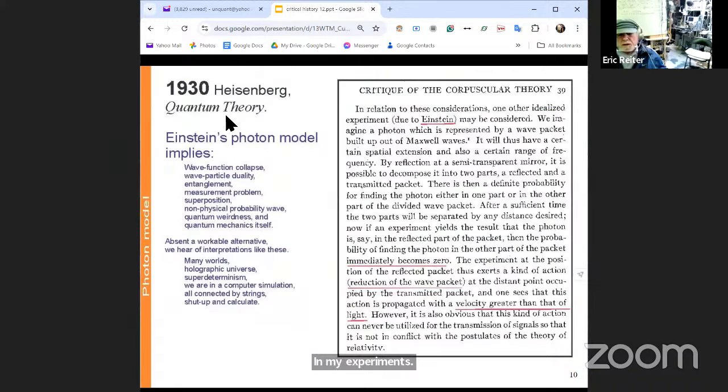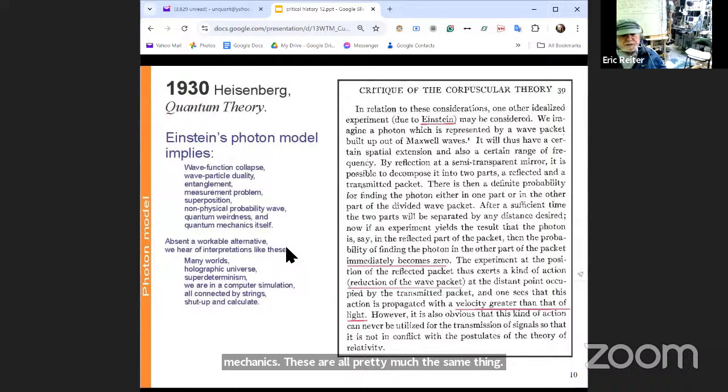Many great people wrote about this, they understood, and Heisenberg writes, from the first part of the photon model, about the reduction of the wave packet that implies entanglement and the measurement problem, and all these ways of understanding quantum mechanics. These are all pretty much the same thing, the quantum weirdness.